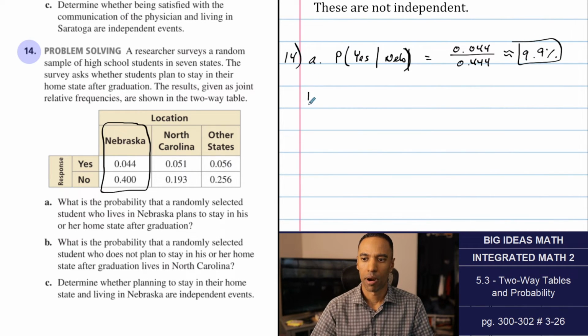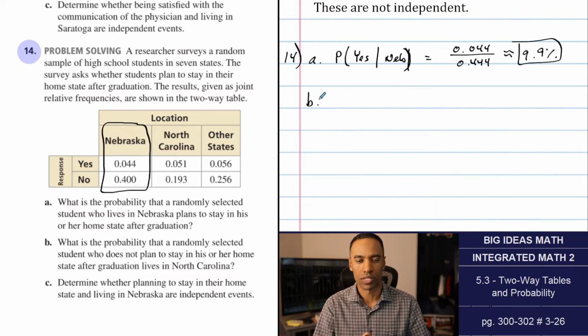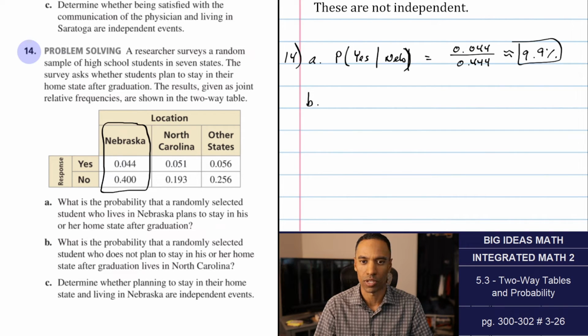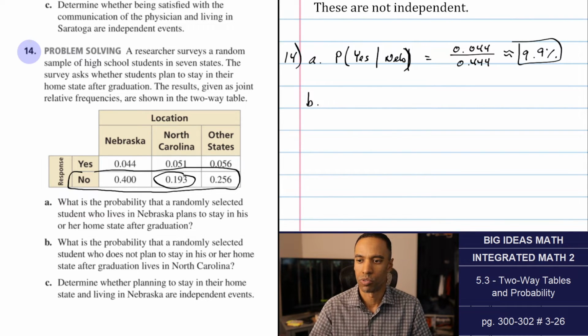9.9%. Part B. What's the probability a randomly selected student who does not plan to stay in his or her home state after graduation lives in North Carolina? So does not plan on it and lives in North Carolina. So among the no's, what are those?